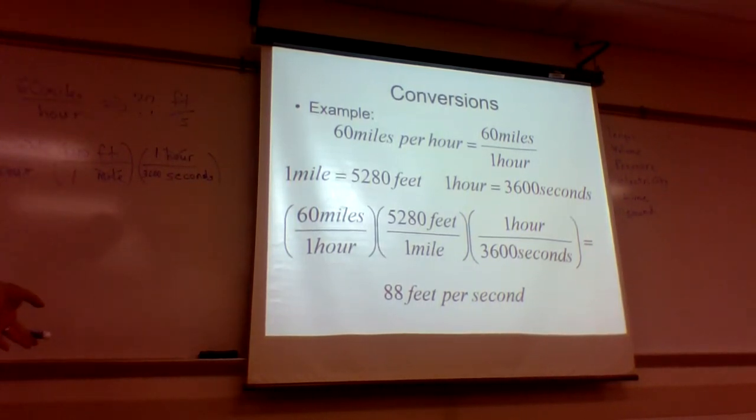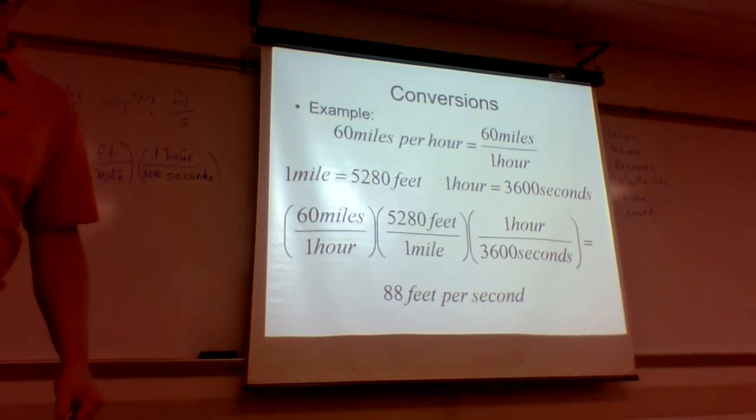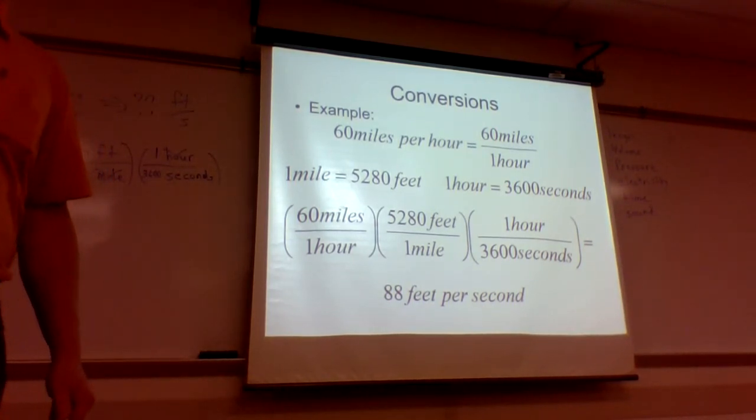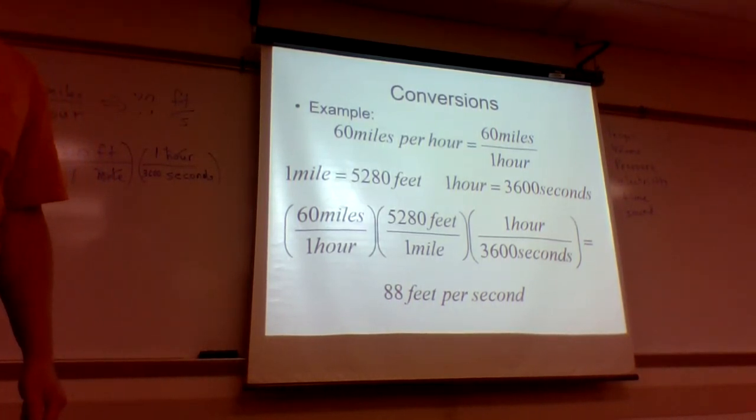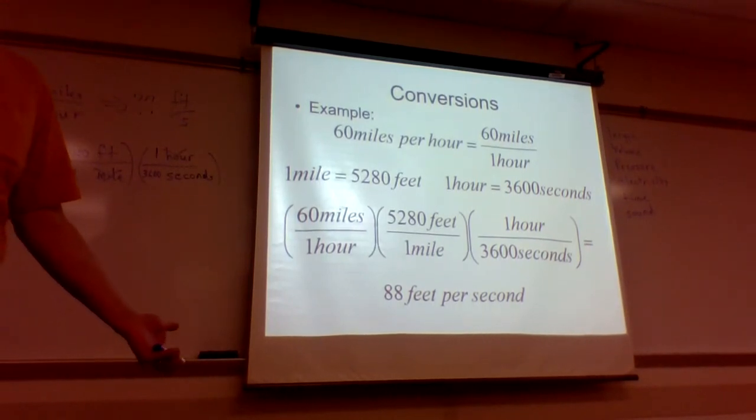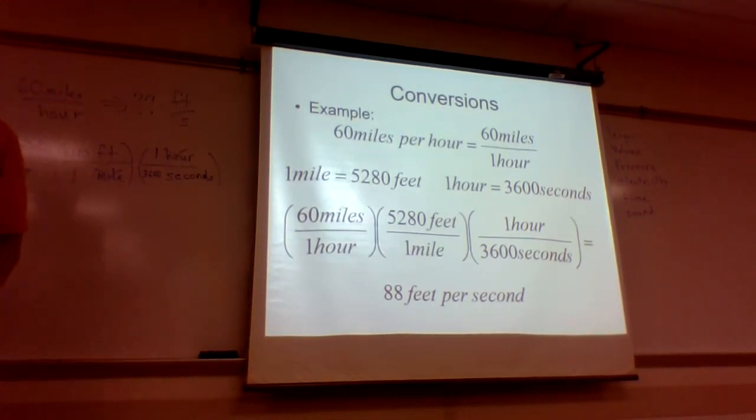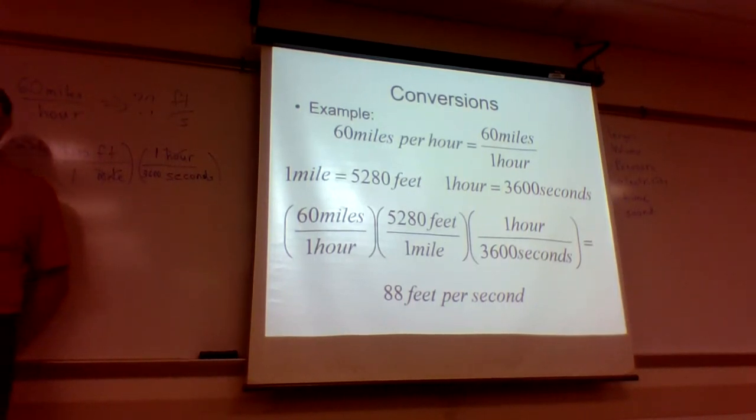Let's say they're a foot, so it's 4 for every dark line: 4, 8, 12, 16, 20, 24, 28, 32. We're not 40 feet in this room, 35 feet length of this room. 88 feet per second is somewhere between 2 and 3 lengths of this room every second at 60 miles an hour.